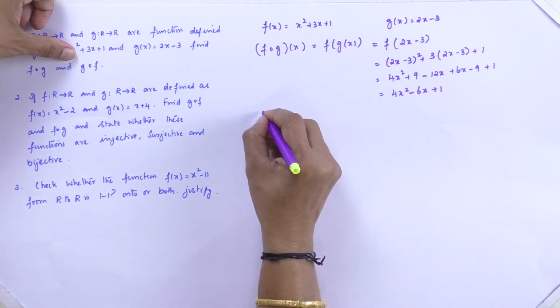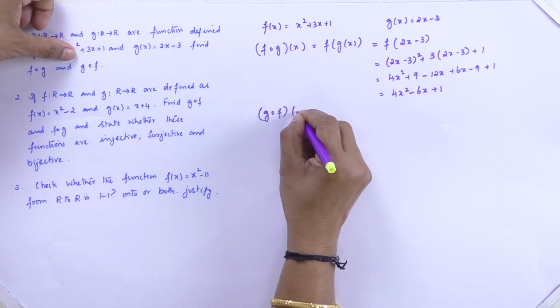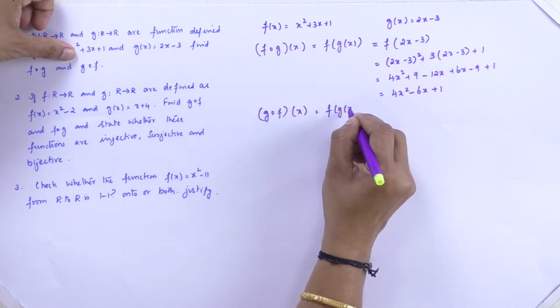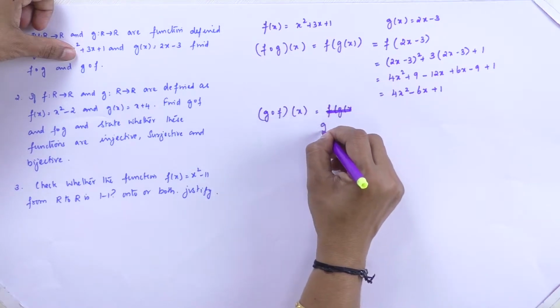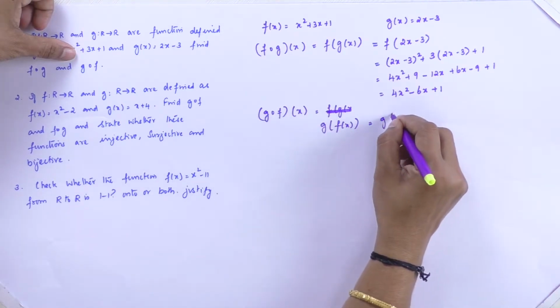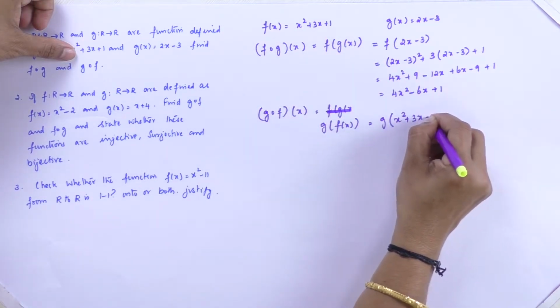And in a similar manner, we will find what g composition f is. So g composition f is equal to g of f of x. And what is f of x here? We have x square plus 3x plus 1.